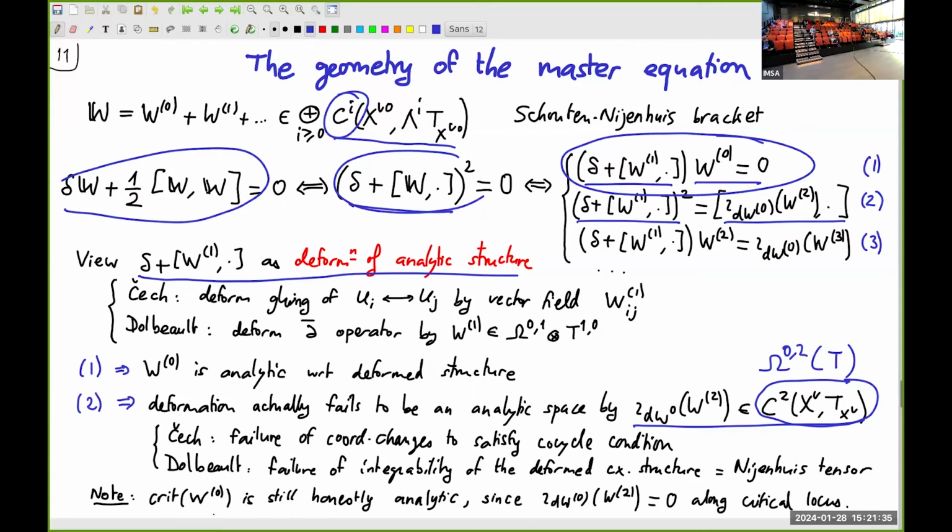In all cases, it's worth noting, because this annoying term involves the interior product with dW0, at a critical point of the superpotential dW0 vanishes, so this curvature term vanishes. That means the critical locus of the superpotential is still an honest analytic space. But of course, the normal data is possibly messed up.